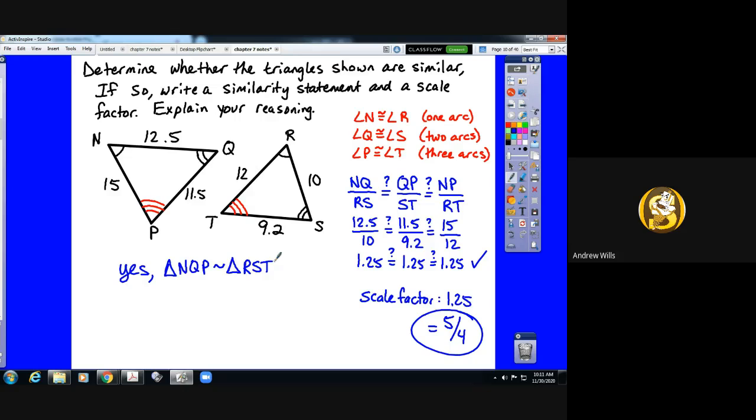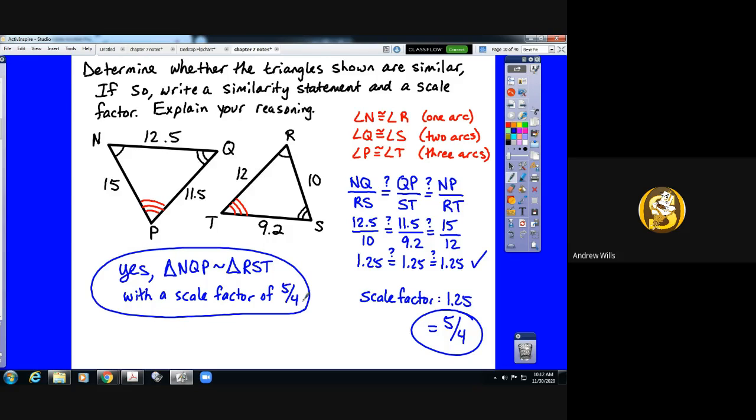So we'd say yes, then we write our similarity statement. And then we'd say with a scale factor of 5:4. That answers all parts of the question. We've shown our work, which explains the reasoning behind our answer. And we should be good to go.